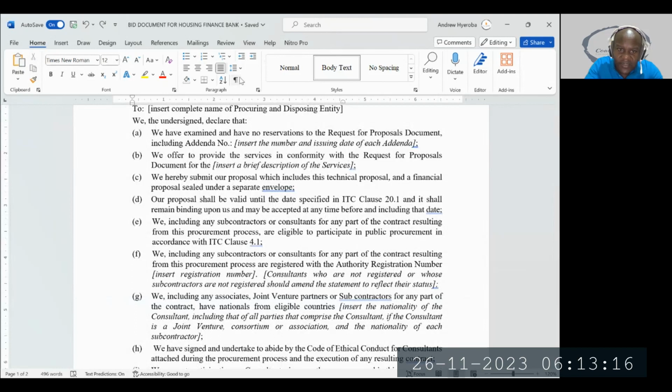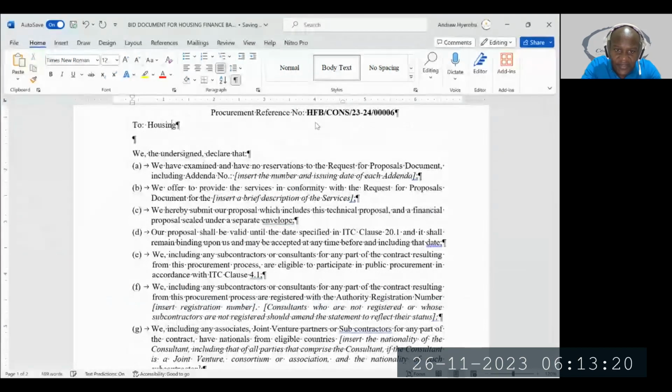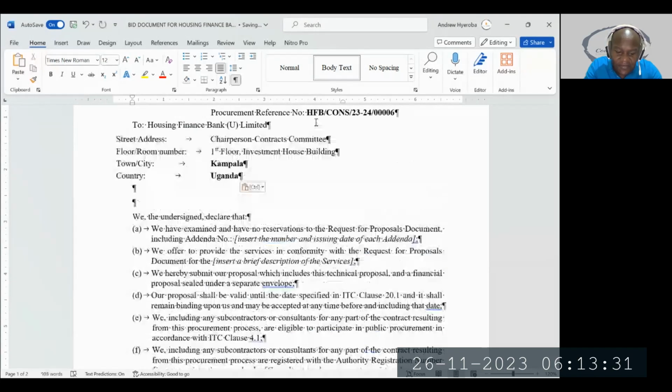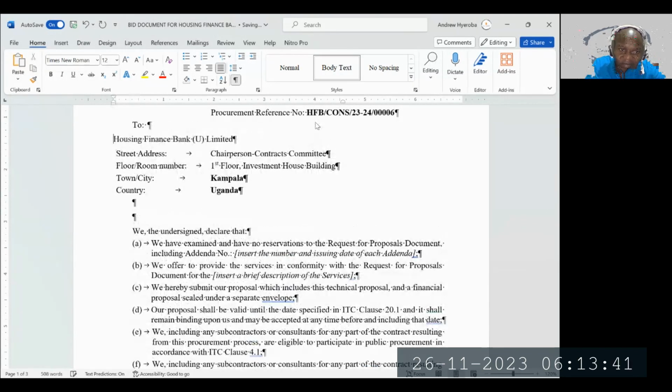Housing Finance Bank. Is it Uganda Limited? I hope so. And then the address was, okay. I really don't like these. Housing Finance Bank.